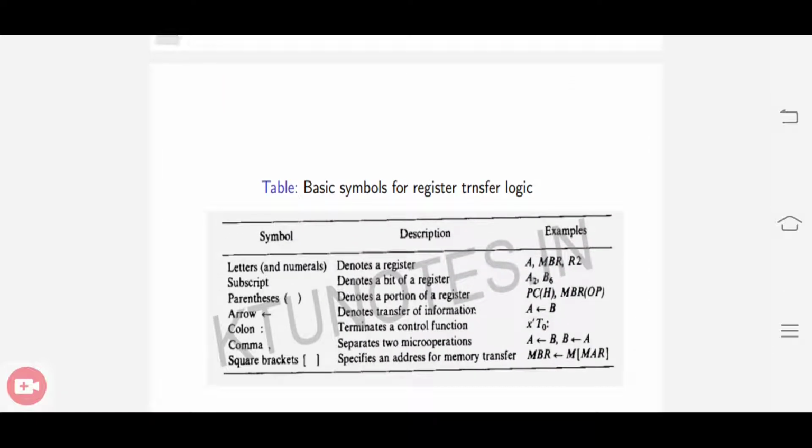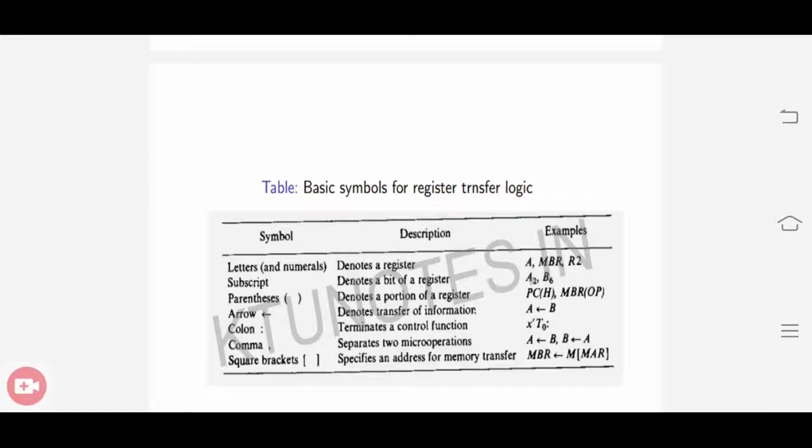So next portion, basic symbols for register transfer logic. What is the use of letters in RTL? They are used to denote registers. And what is the use of subscript? It denotes the bits of a register. Parenthesis denotes a portion of a register, that is program counter of H, program counter of L. And arrow is a replacement operator. It denotes the transfer of information.